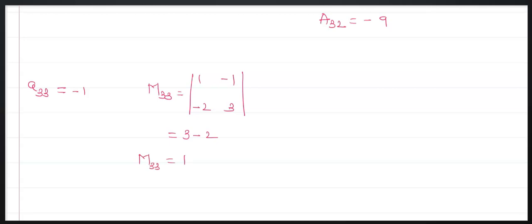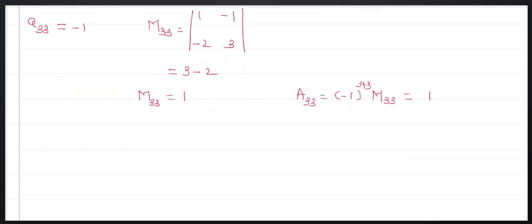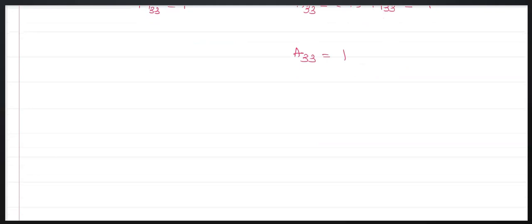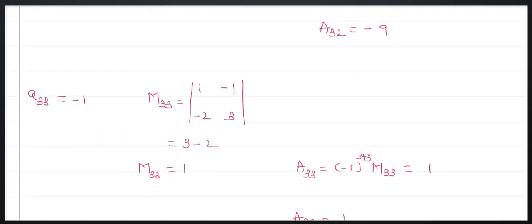Therefore, M33 is 1. Therefore, A33 is equal to minus 1 raised to 3 plus 3 into M33, that is 1. And in this way we get the cofactor matrix. Cofactor matrix of A.